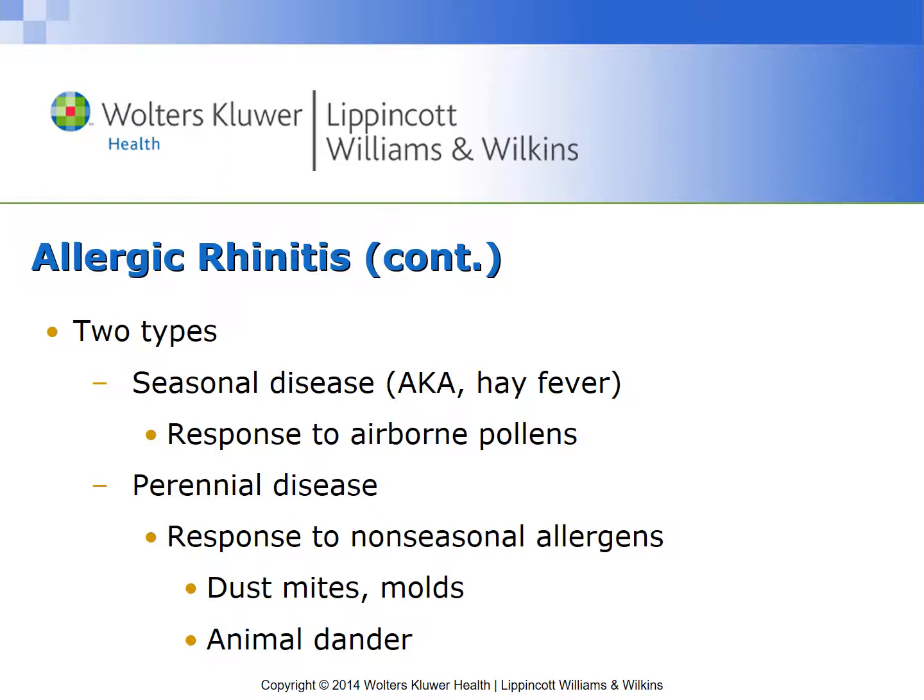There are 2 types of allergic rhinitis. We can have the seasonal type, which is like hay fever, where folks respond to airborne pollens, and the perennial type, which responds to non-seasonal allergens such as dust mites, molds, trees, things like that, animal danders.